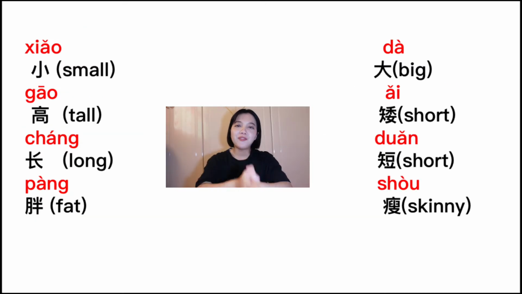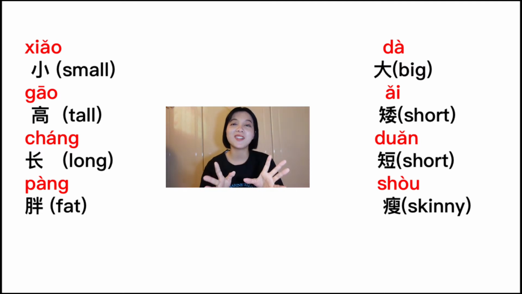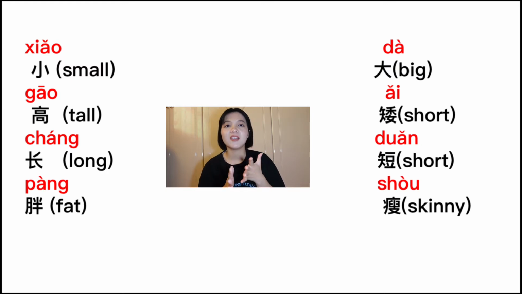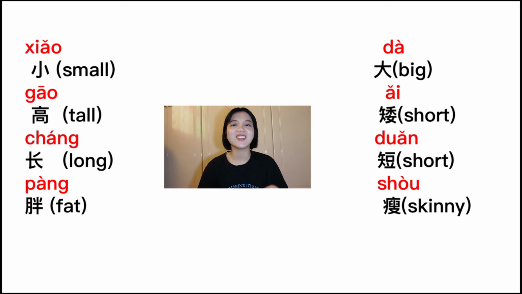Before we start to make real sentences, I will introduce you guys some really common adjectives that we use a lot. For example, small, 小, big, 大, tall, 高, short, 矮, long, 长, another short, 短, means the length is very short.